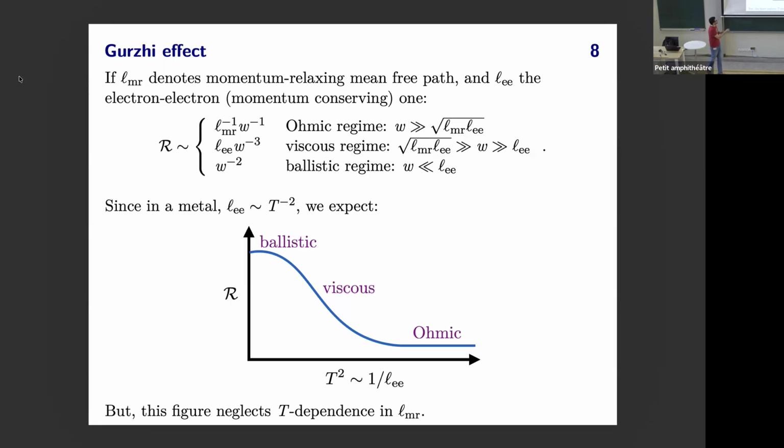But morally, one hopes to be in a regime where, if, for example, the dominant source of momentum relaxation is coming from some electron-phonon scattering, like there's phonon umklapp and the electrons have to dump momentum into phonons, then you might hope that the temperature dependence in momentum relaxation rate is like T to the 5th in 3D or T to the 4th in 2D, which is potentially pretty favorable to see something like this at lower temperatures. But in practice, it's not always that clean, but morally, that was Gurzhi's hope.